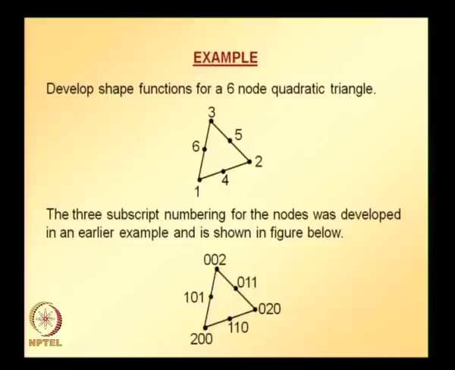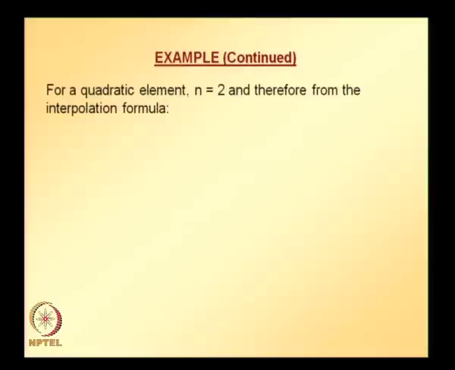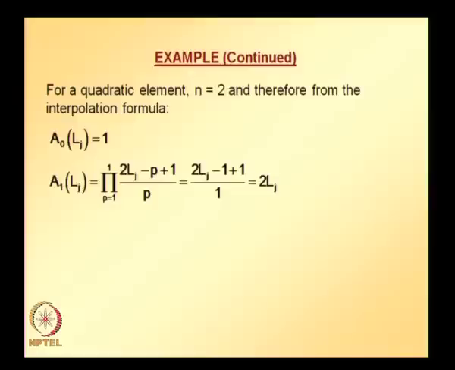So, n1, shape function corresponding to node 1, is equal to n 200, and before that we are dealing with 6 node element. So, it is a quadratic element, n is equal to 2.